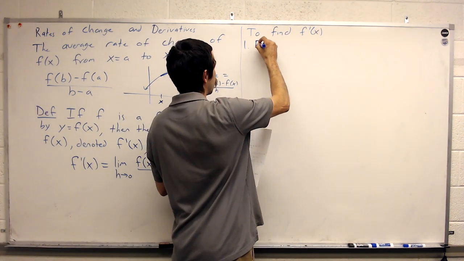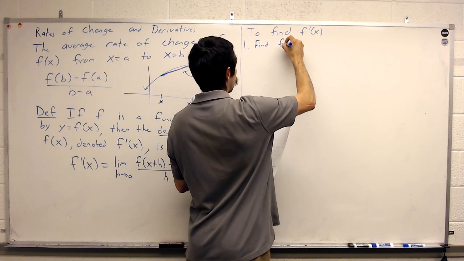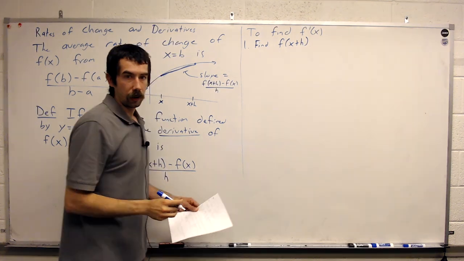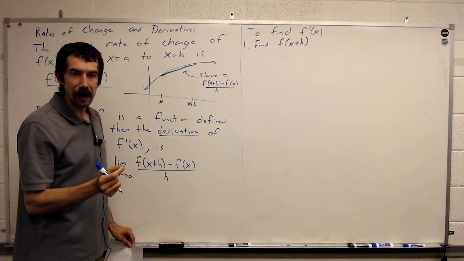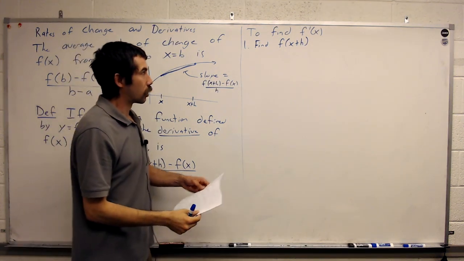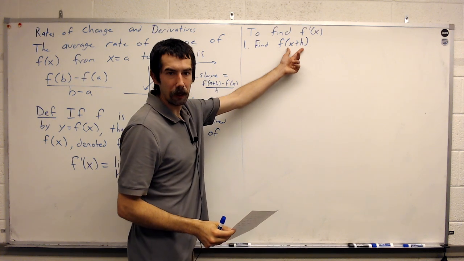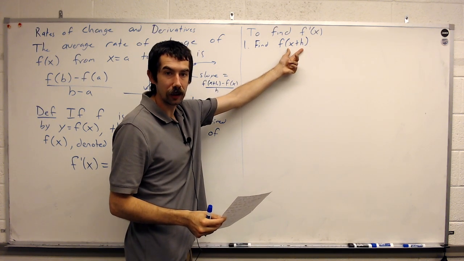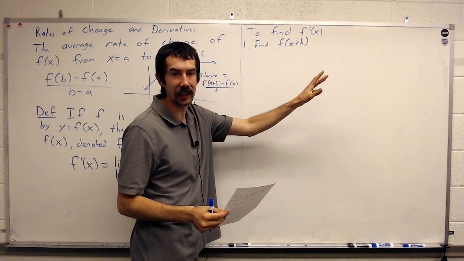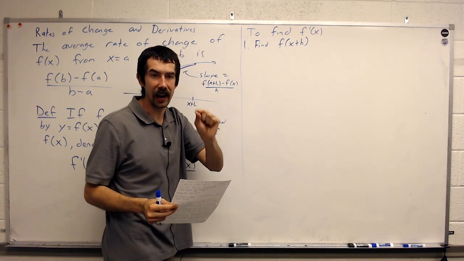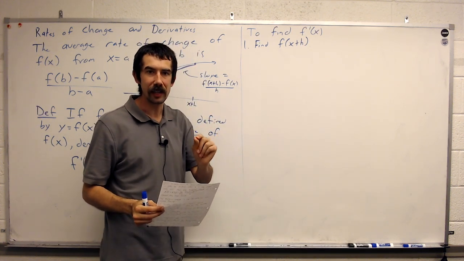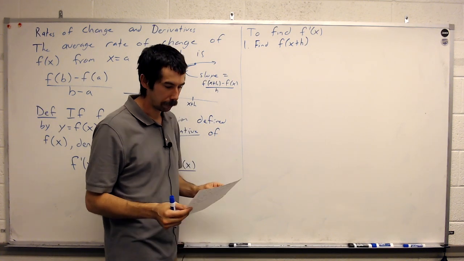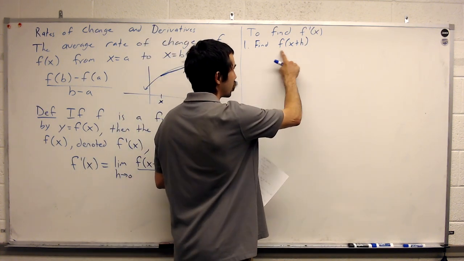So the first thing is find f of x plus h. So this is the composition of functions. So wherever we see an x in our original f function, we're going to replace it with x plus h. Okay? It's not just that we tack an h on it at the end. It's wherever we see an x. This is so important. Wherever we see an x in our original function, we replace it with x plus h. Okay? So that's our first step.